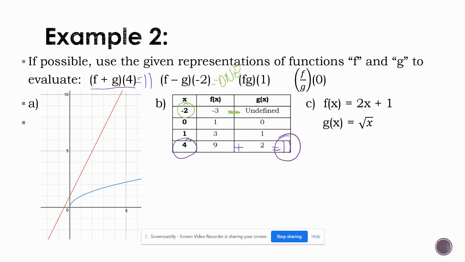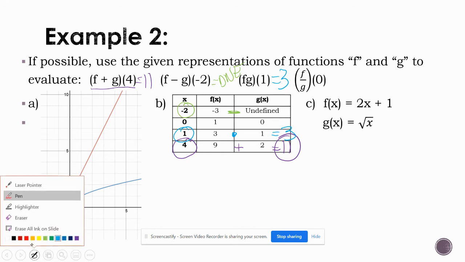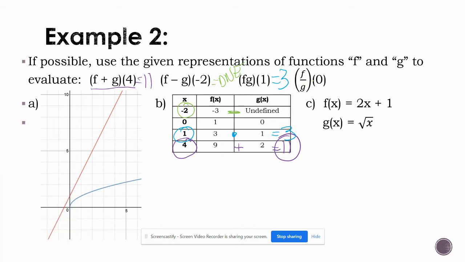F times g of 1, so when x is 1, f is 3, and g is 1, so 3 times 1 is 3. Then we have f divided by g of 0. So here's when x is 0, we have 1 divided by 0, which is again undefined or no solution.